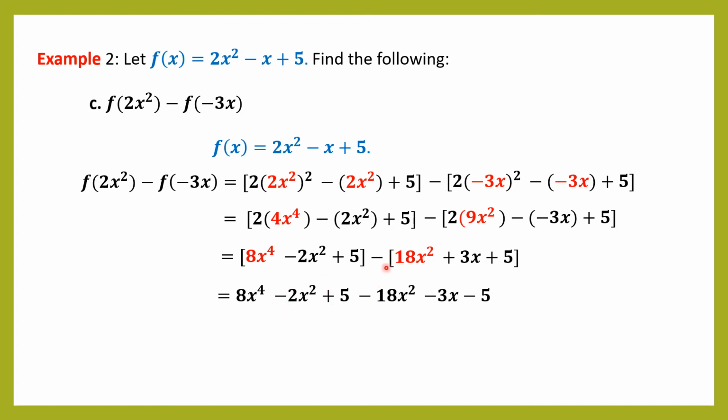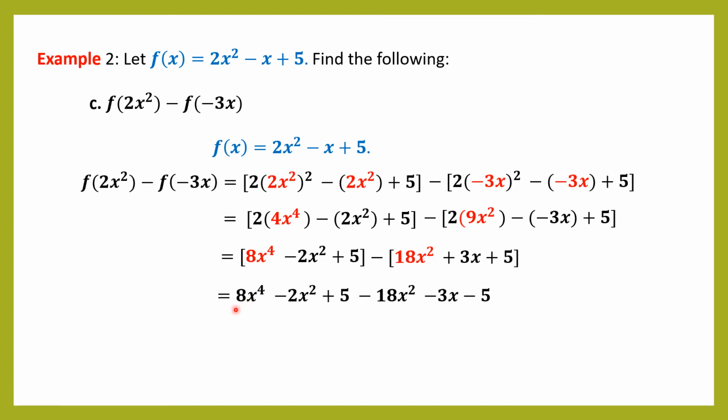So, dito sa part na to, magbabago tayo ng sign. So, ito ay negative times 18x squared is negative 18x squared. Then, negative times 3x, kaya siya magiging negative 3x. Then, negative times positive 5 is negative 5.